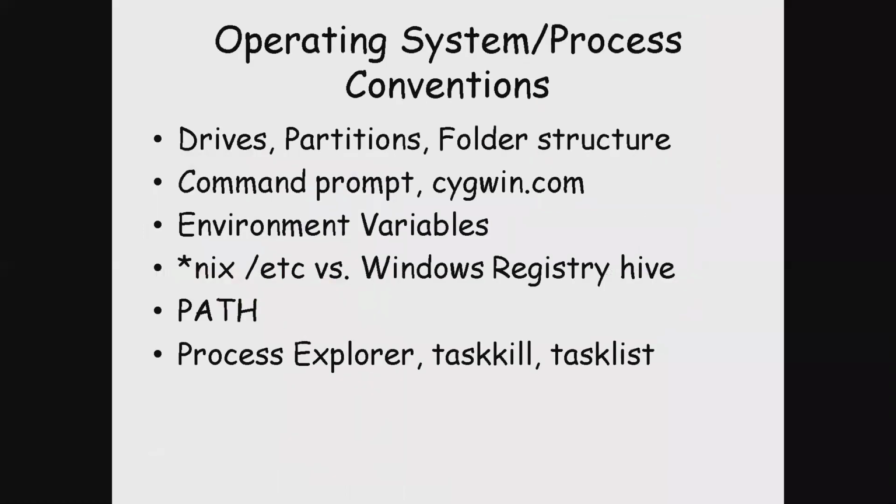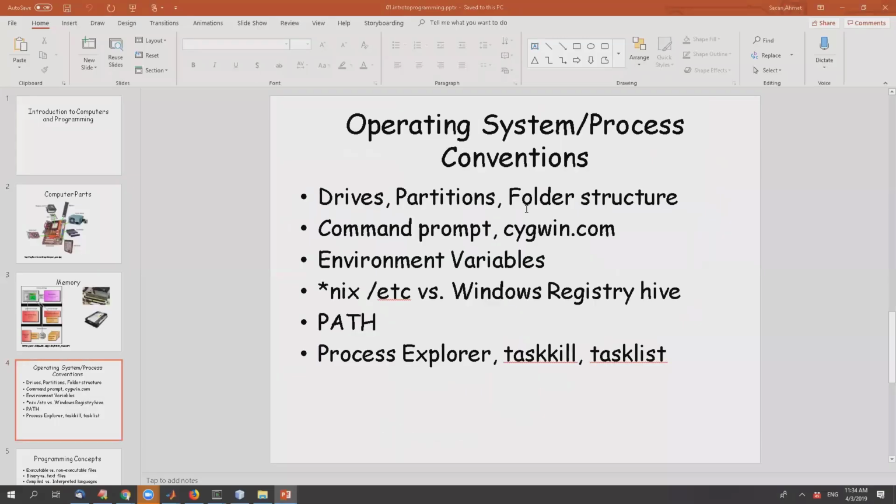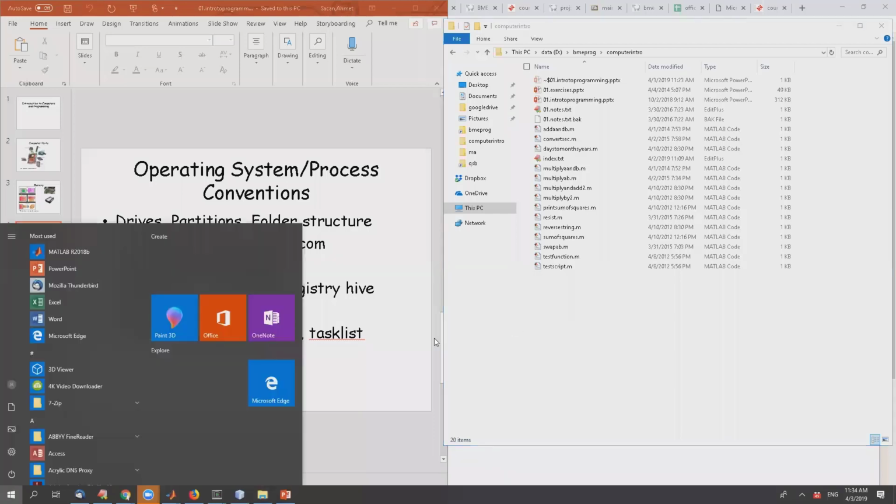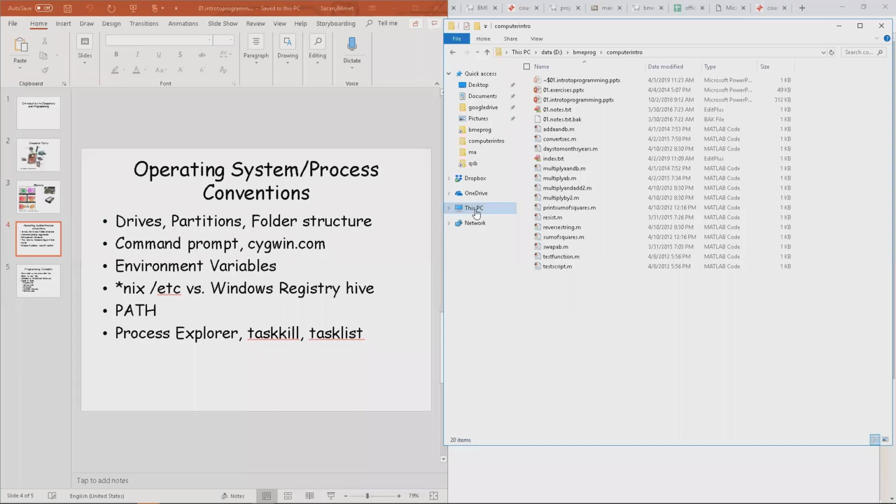Now let's review some of the operating system conventions that we sort of implicitly used in our discussion of setting up Matlab. My computer and your computer would have one or more physical hard drives, okay? On Windows, you can view them by right-clicking on This PC and selecting Manage.